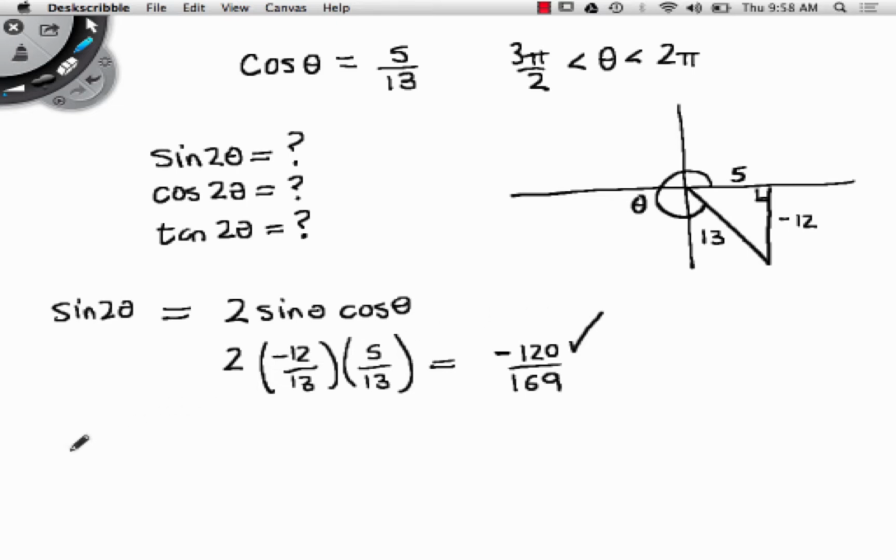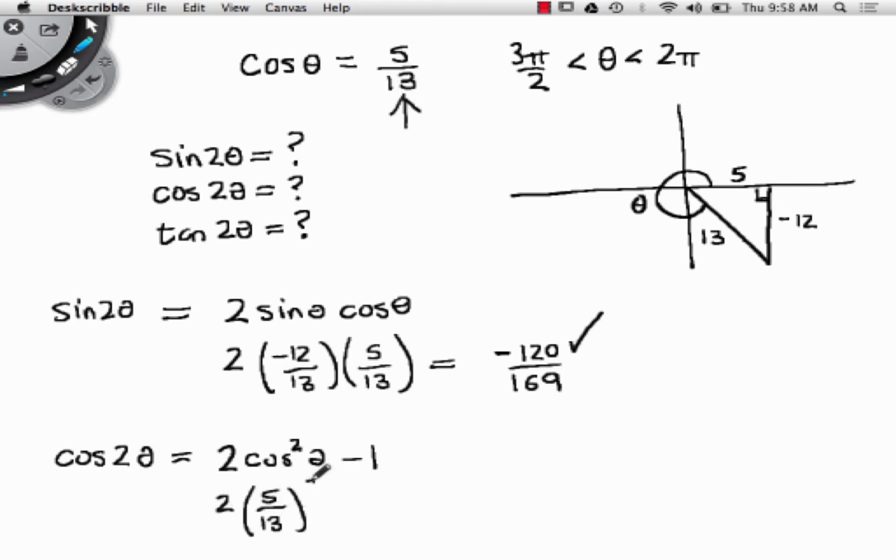Okay. What is the cosine of 2 theta equal to? Well, again, I like to use 2 cosine squared theta minus 1. So I already know the cosine of theta. It's 5/13. So this becomes 2 times 5/13 squared minus 1.